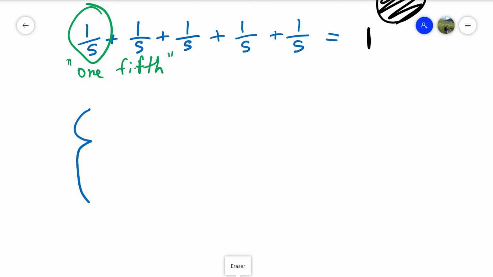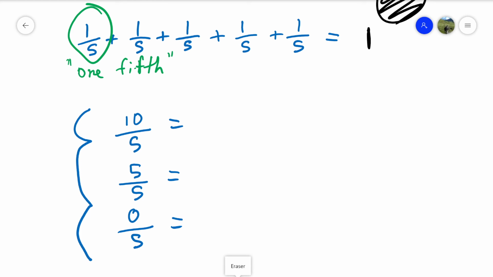Right, next question. We're going to do these 3 together. Have a go in your own time, pausing the video as usual. 10 divided by 5.